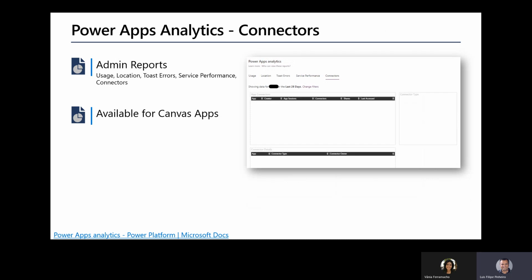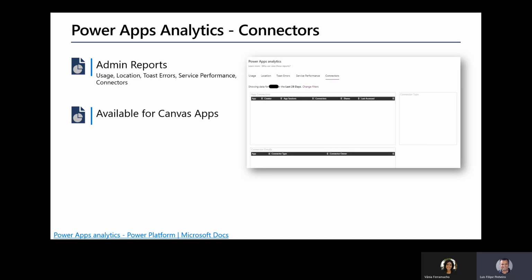And finally, we have the connectors reports, which provide visibility into the standard and custom connectors being used by the Canvas apps. So here we are looking at the 28 days of data. This is the last days available there, the 28 days.